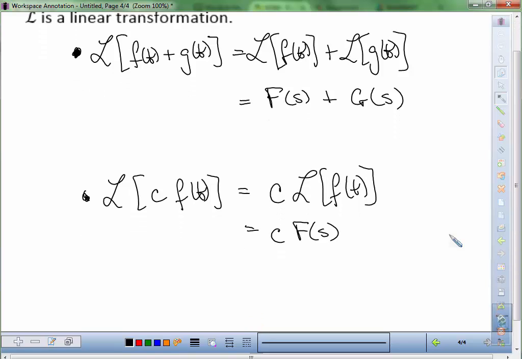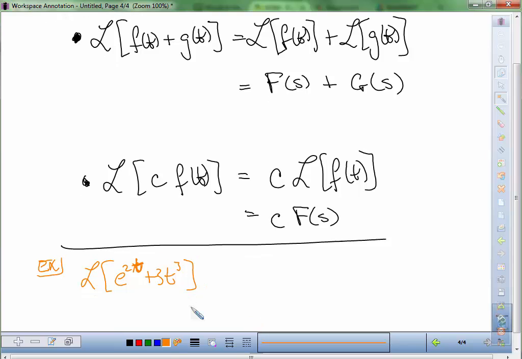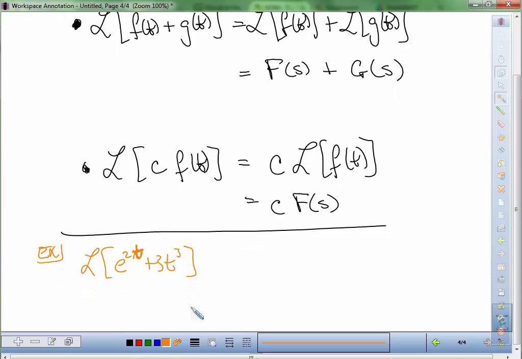So if we, for some reason, wanted to take the Laplace transform of e to the 2x plus 3t cubed, for example, this should be t. Then all we have to do is take the Laplace transform of them separately. And then we can get our answer.